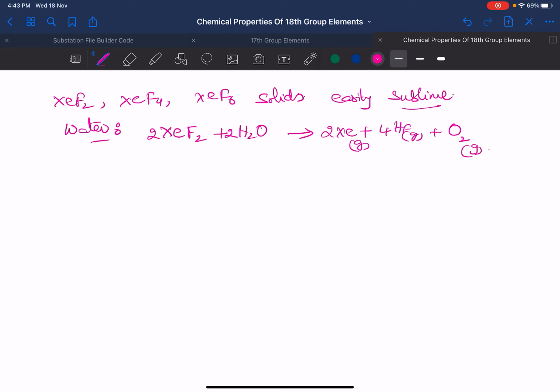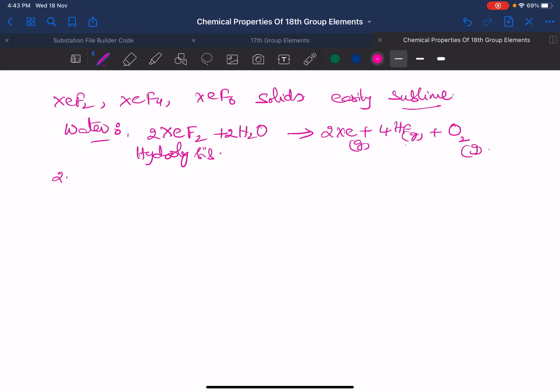So xenon difluoride will give xenon gas, HF gas and then oxygen gas. That is about the reaction with water of the xenon fluoride. This is called hydrolysis. Any compound's reaction with water is called hydrolysis. So xenon difluoride on hydrolysis gives xenon gas, hydrogen fluoride gas and then oxygen gas.